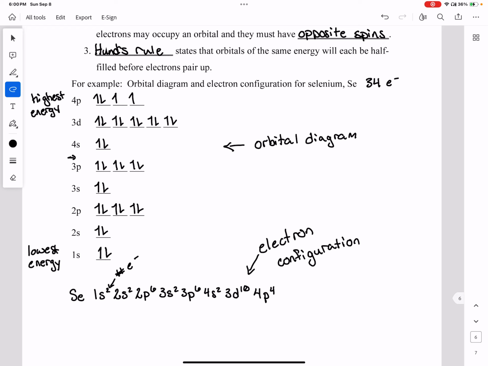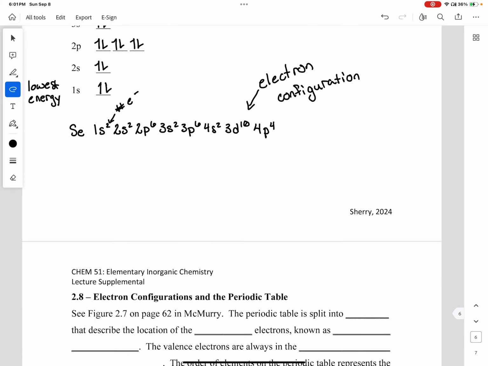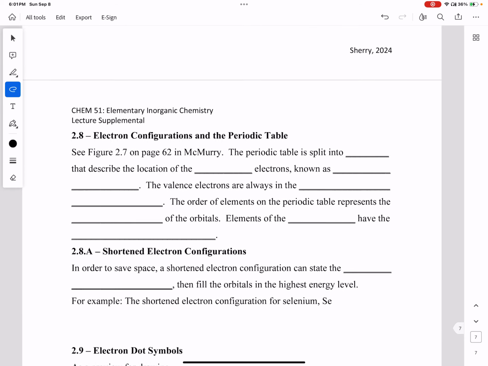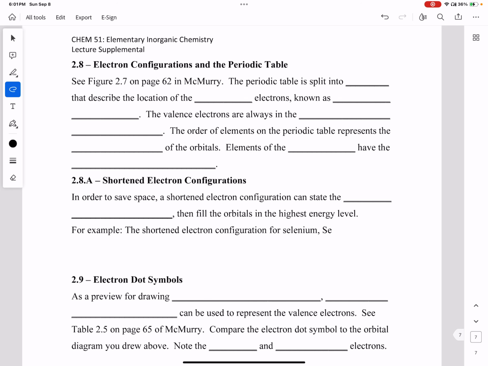Okay, so now we know where all of the atoms are, or excuse me, all of the electrons are in this one atom. Okay, so let's talk about electron configurations and the periodic table. So there must be some sort of pattern on the periodic table, right?